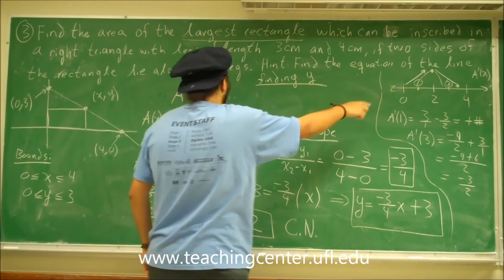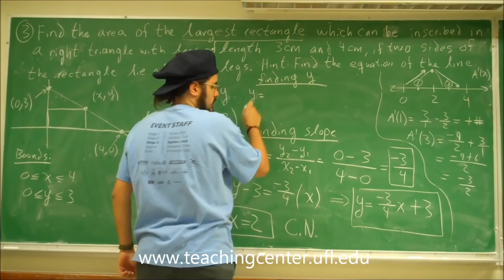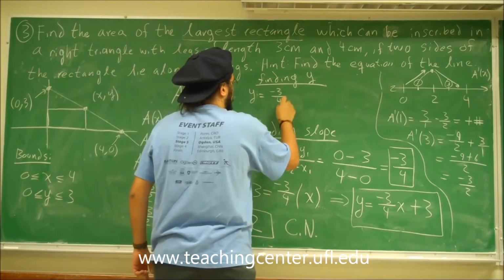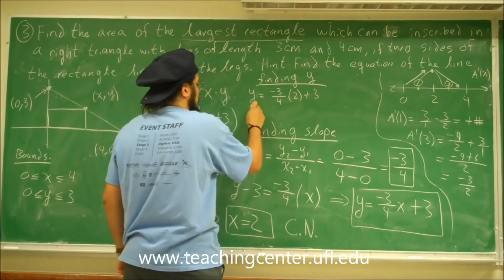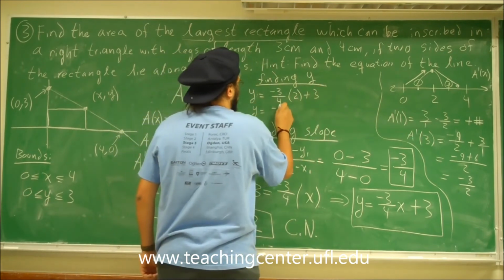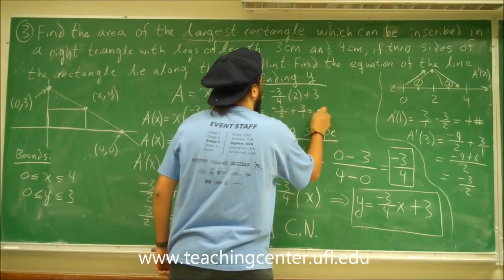Finding y once we have our x value, just plug it right in here, so that y is equal to minus 3 over 4 times 2 plus 3. So y is equal to negative 3 halves plus 3 over 1.